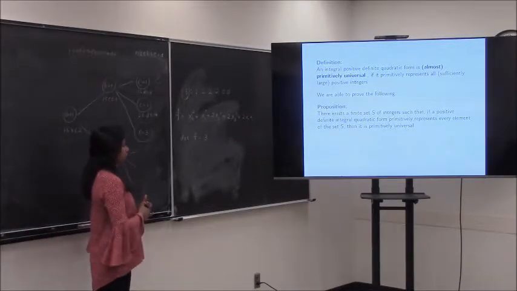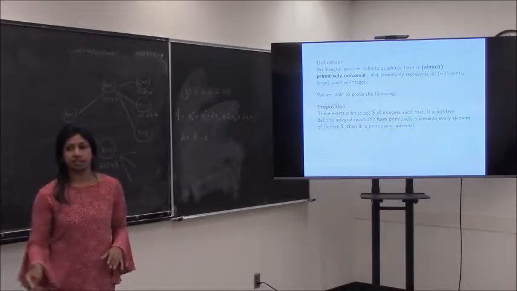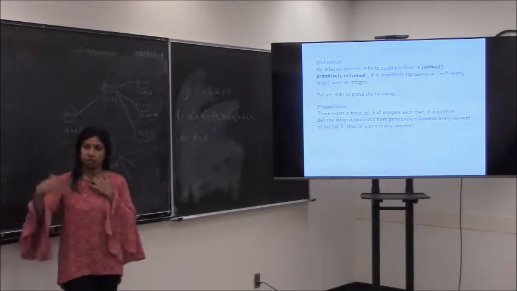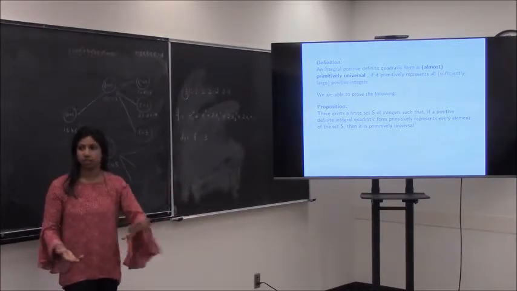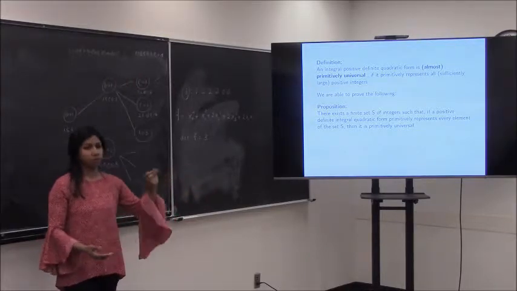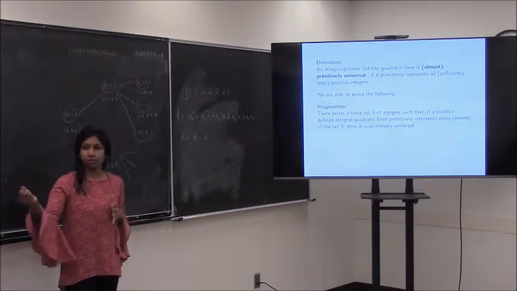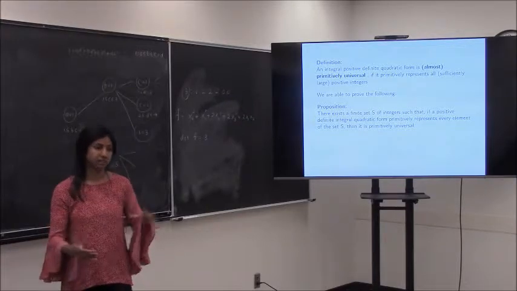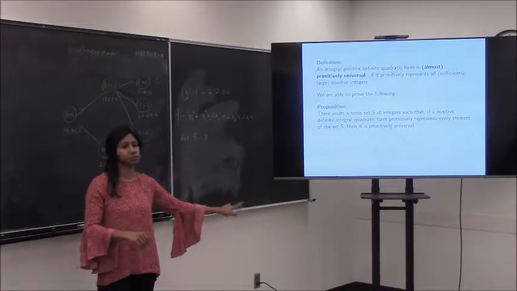Right. So in our study, you remember the 15 theorem: if we have a given quadratic form and we can check whether it represents all 15 numbers, then we can conclude it is universal. So here what we want to show is that if we have a quadratic form, there exists a finite set, so we can check these numbers and conclude that it is primitively universal.